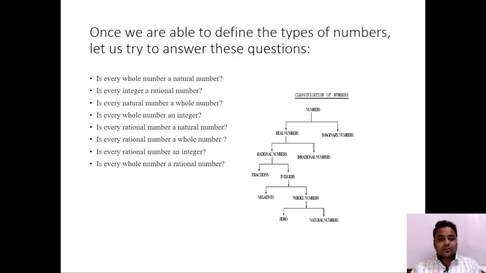In rational numbers, fractions, integers, negative numbers, whole numbers, zero and natural numbers are the important points. After the revision of all these points, you can easily answer all the above questions.